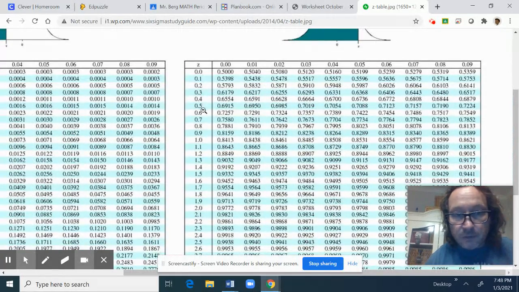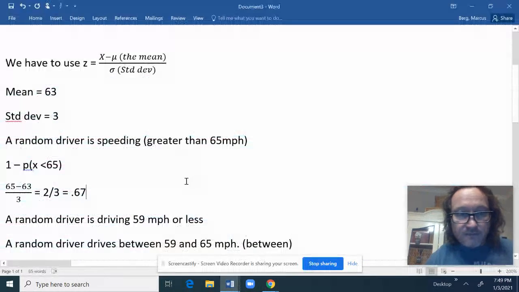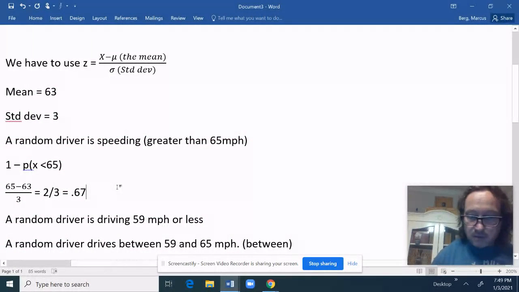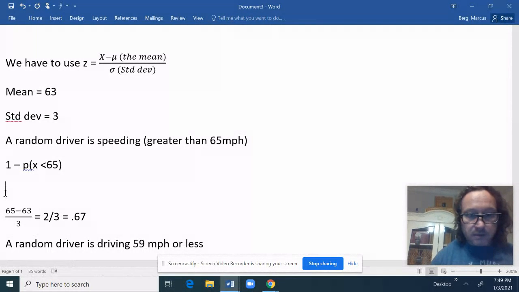I want 0.6, and I rounded this up to 7, which would be 0.7486. I'm going to put that under here. So the probability x is less than 65 is 0.7486.